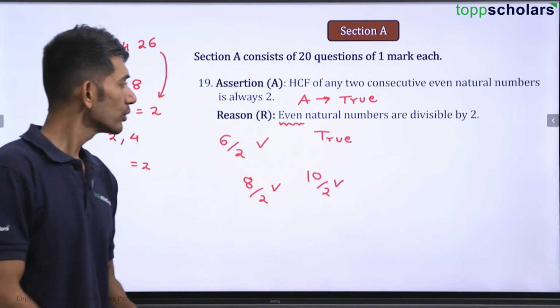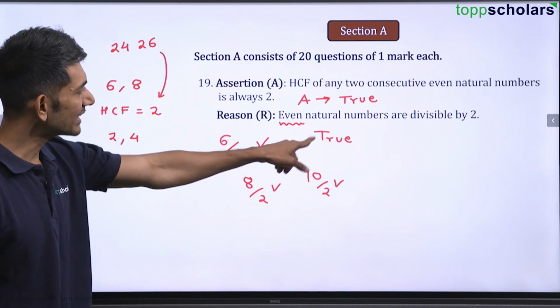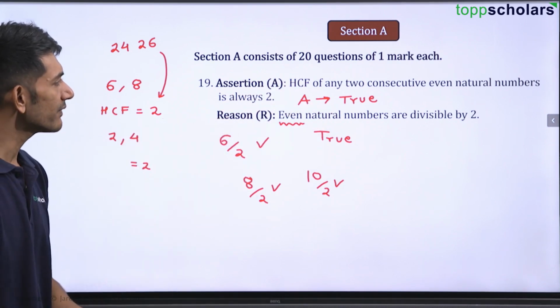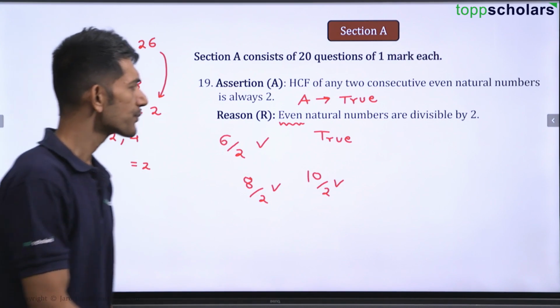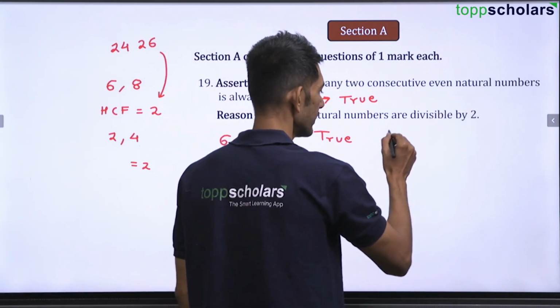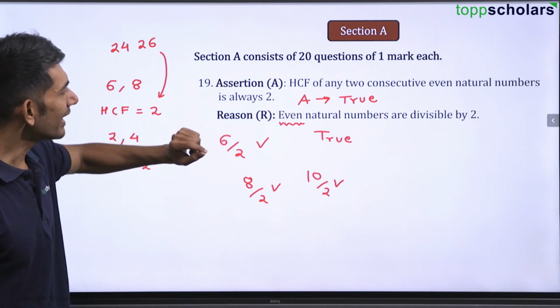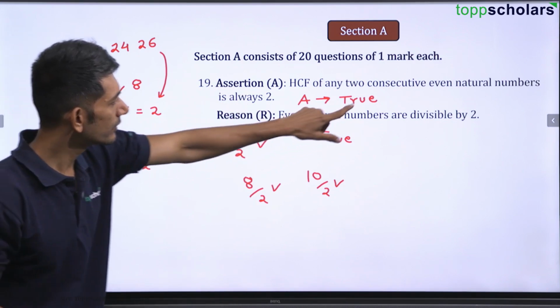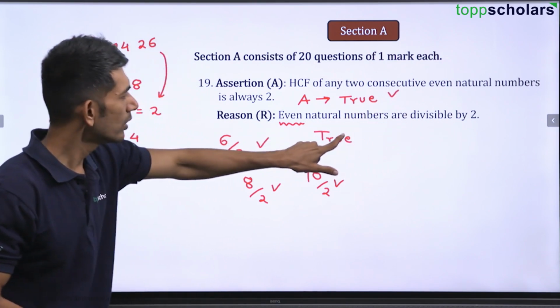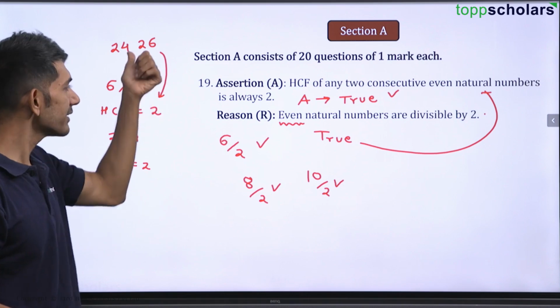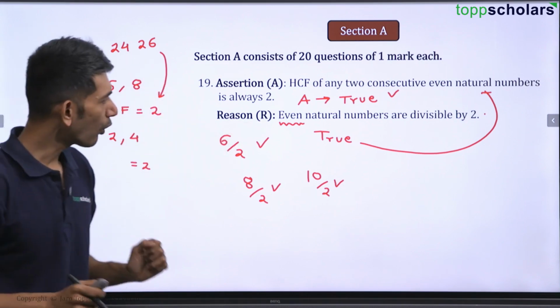So even natural numbers are divisible by 2, and HCF of 2 consecutive even natural numbers is always 2. So obviously this is true, and again we can ask why are we getting this as true? Can I say this is true because anyway we are trying to divide the numbers here by 2 and check. So what do we conclude from this?